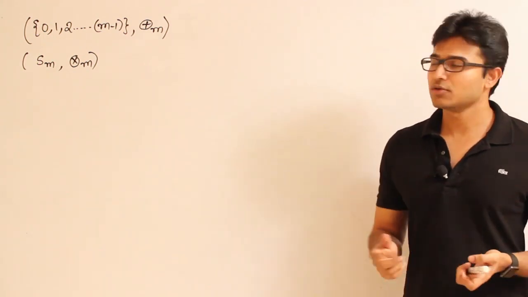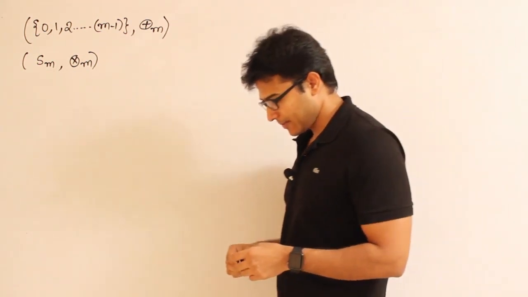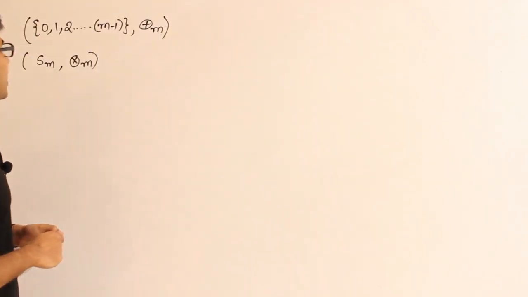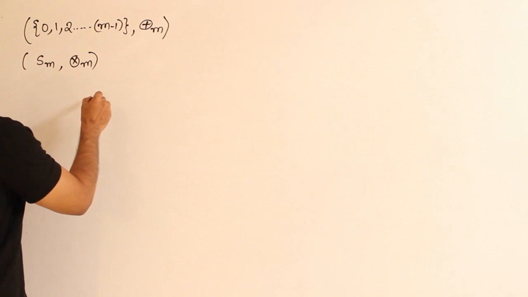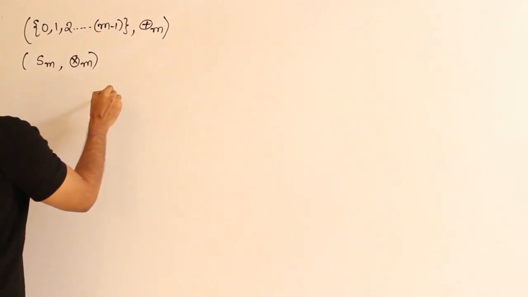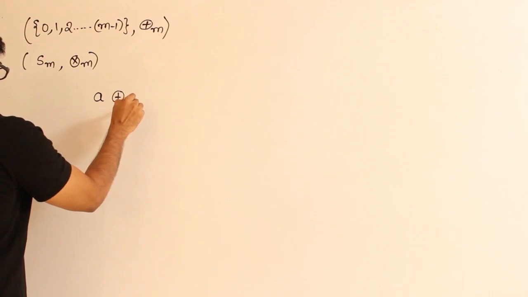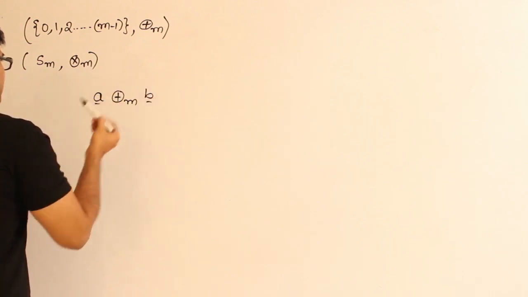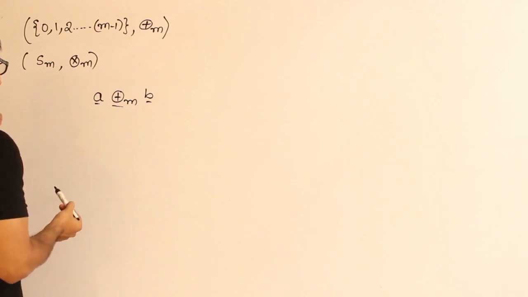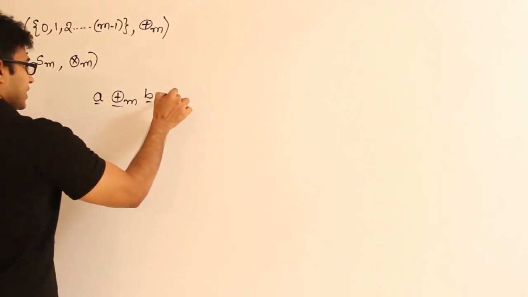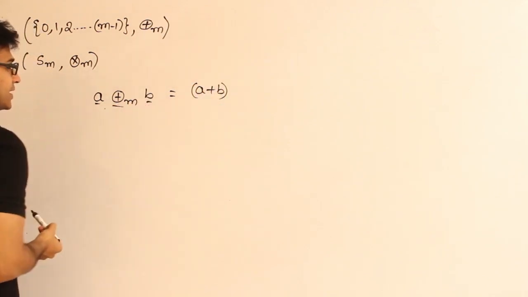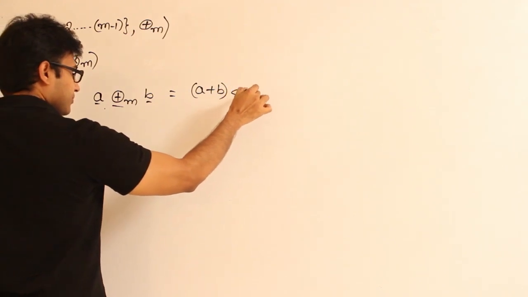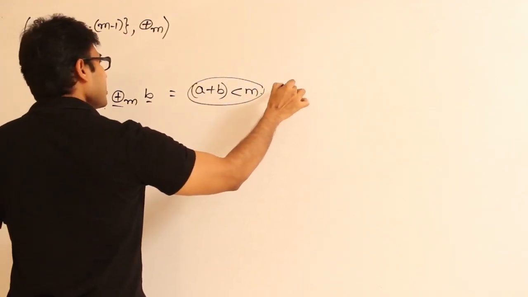The reason is simple. Why is it a group? Just check this one. I'll take an example. First, what is addition modulo m? What I mean by addition modulo m is, if you take two numbers a and b, and apply the operation addition modulo m, then if the result a plus b is less than m, the answer is going to be a plus b.